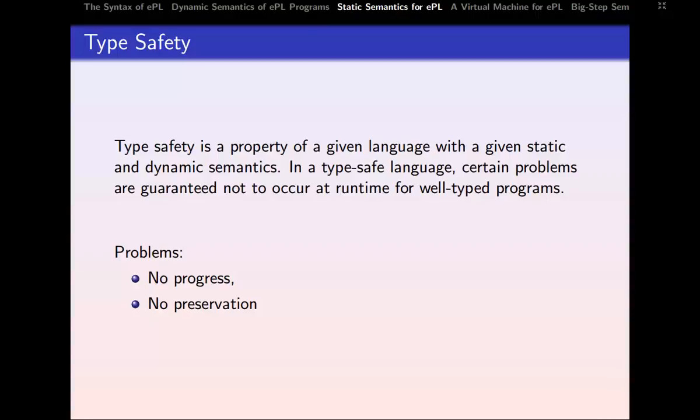Type safety. In a type-safe language, what's a type-safe language? A language that doesn't mix data types, right? A language where we don't allow 1 plus true, right? So now all of you know a few languages, and you definitely know languages where 1 plus true is something, right?